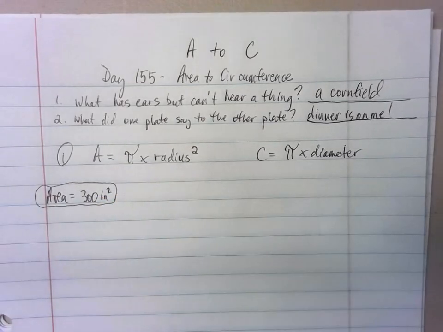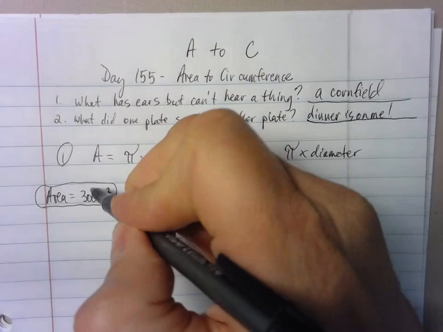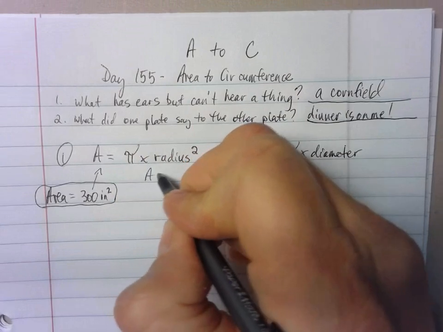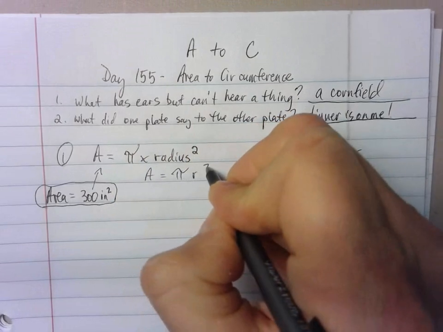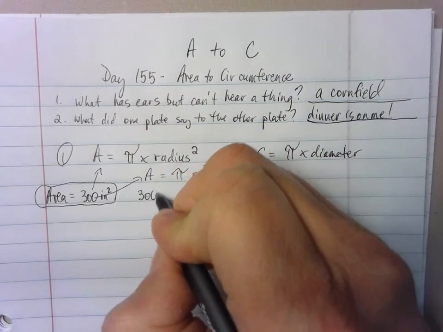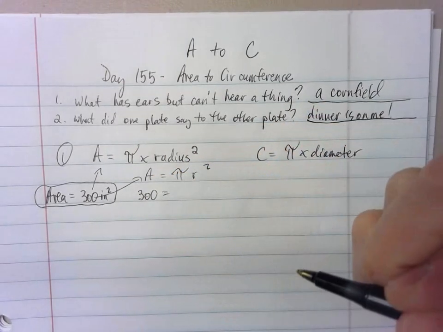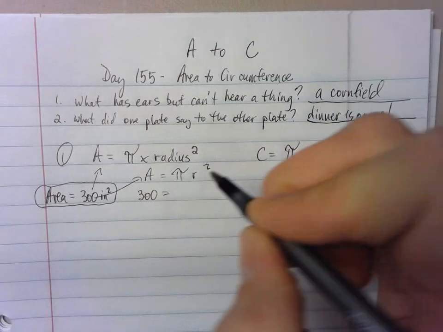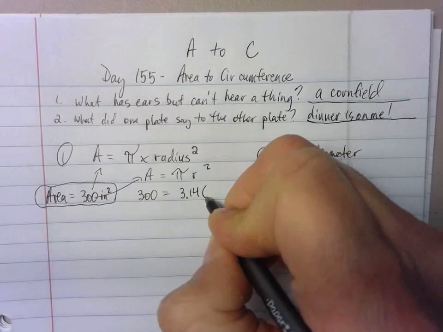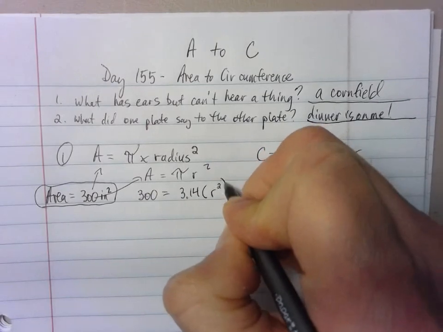So we're going to put that in the formula: pi times radius squared, with 300 in for the area. We know the number we're going to use for pi is 3.14, yes indeedy. And what we're going to figure out here is the radius.